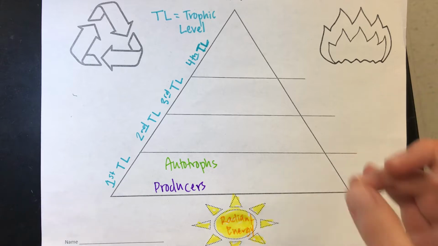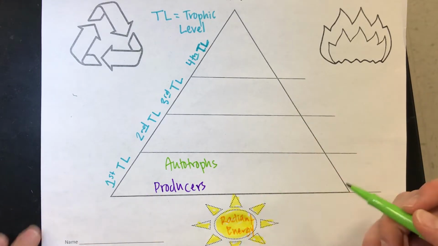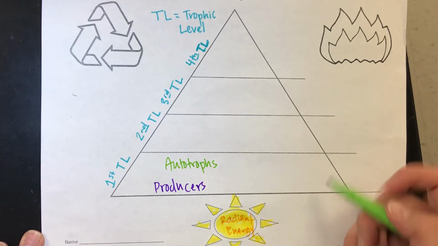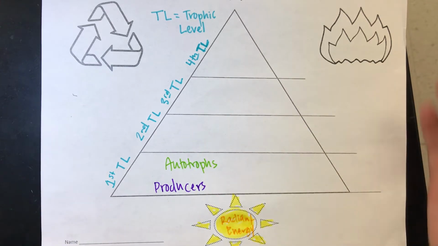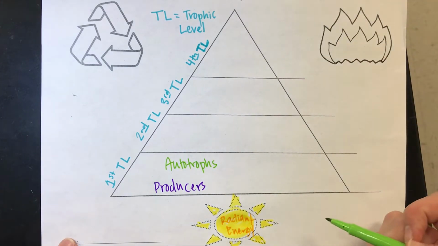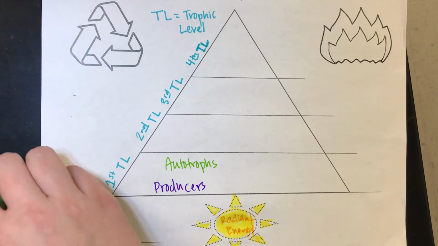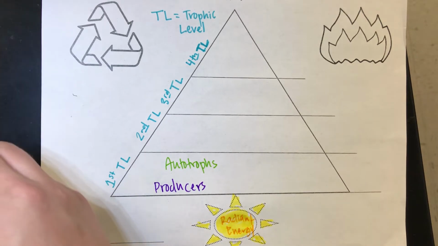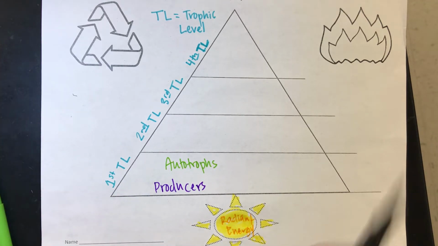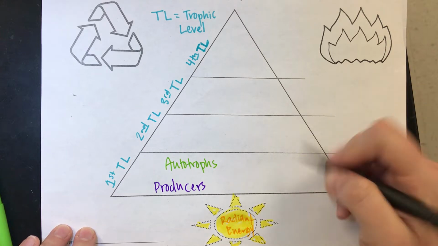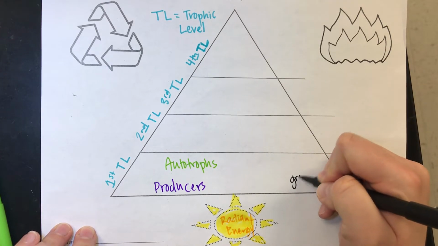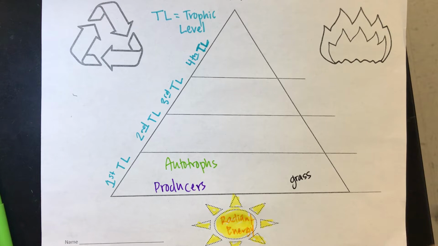So autotrophs is that unique name that we give to producers. And if you think about trophic level and autotrophs, that's a similar word. Okay, so we've got our producers, otherwise known as autotrophs, and then we're going to write an example of an organism that's a producer. In this case, I'm just going to write the word grass because I'm going to keep it simple, and that's going to be my producer for my example.